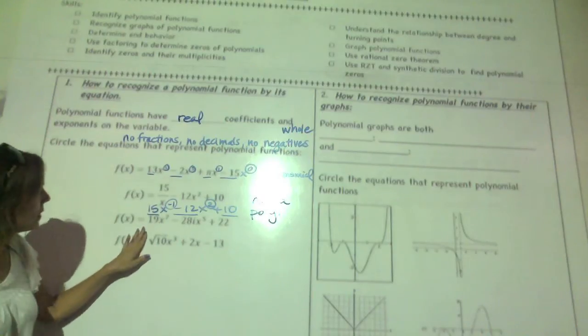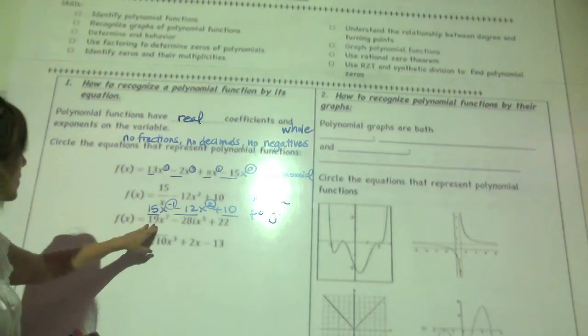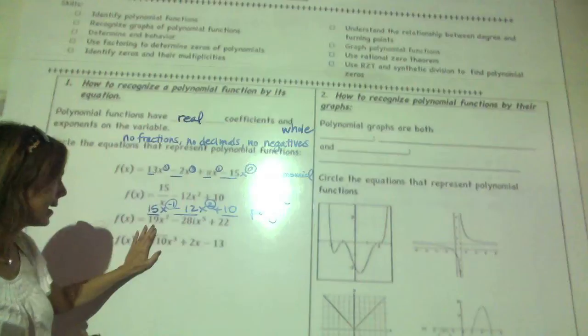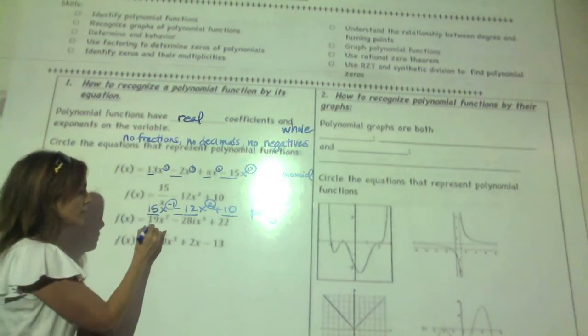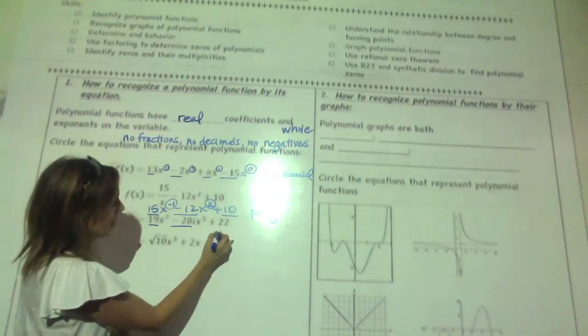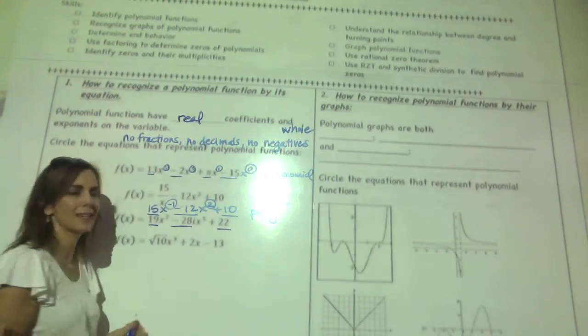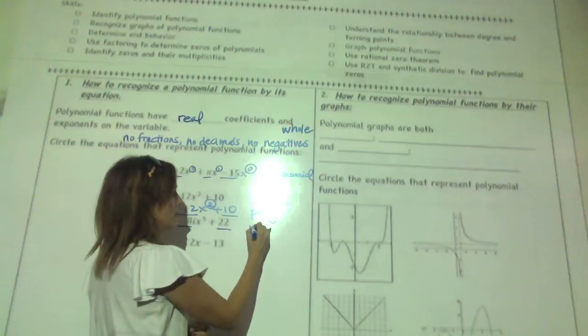All right, next one. 19x to the 7th minus 28i x to the 5th plus 22. Let's look at our coefficients. 19, negative 28i, 22. Oh, that i gets in the way. Not a polynomial.